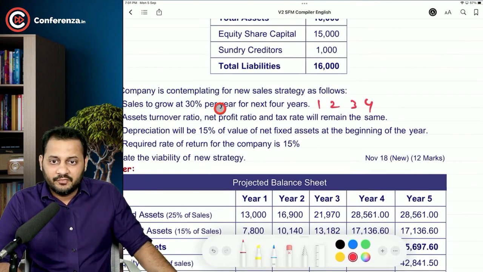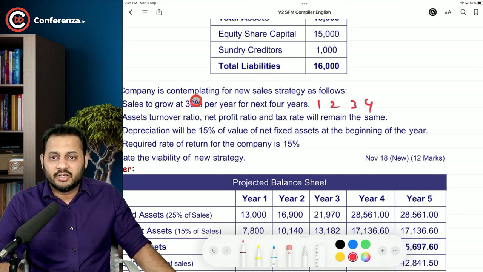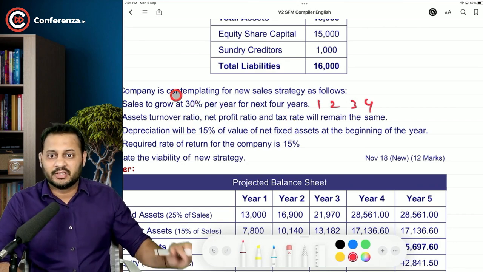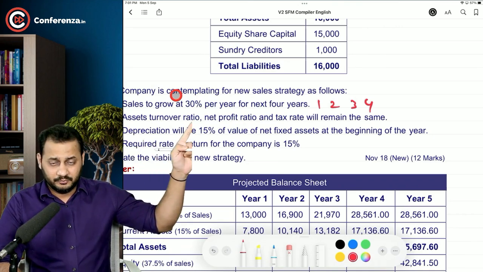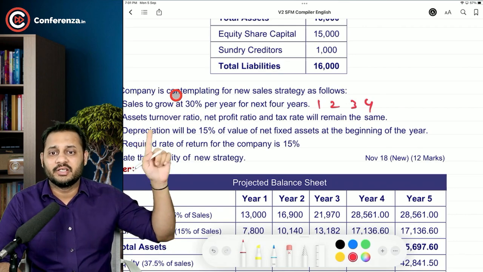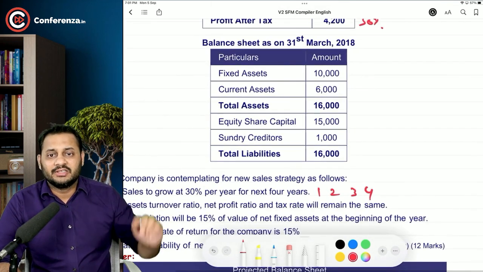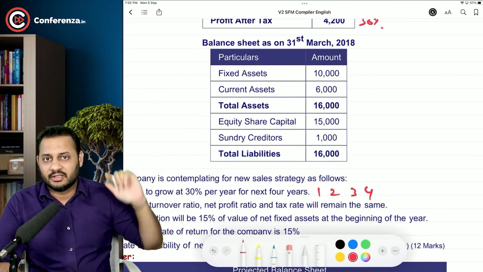See, if these remain same, what does that mean? If the turnover is growing by 30%, the assets and net profit will also grow by 30% if the ratios are the same. Asset turnover ratio means the total assets, like fixed assets and the current assets as well.